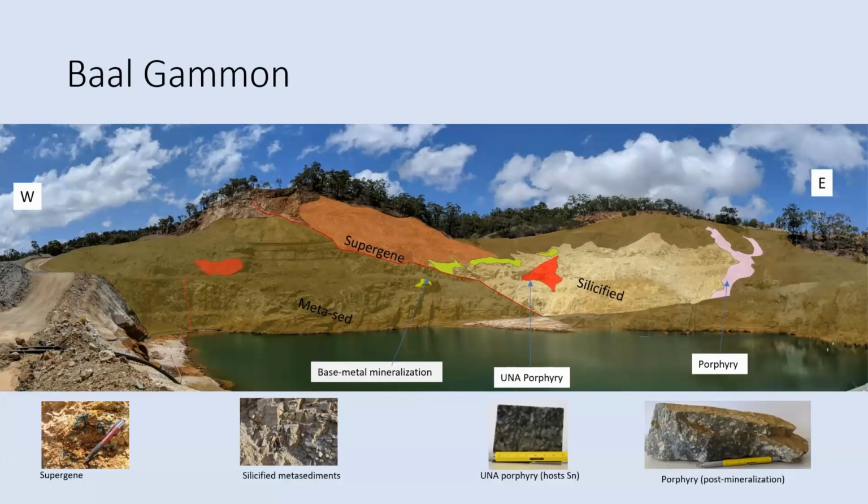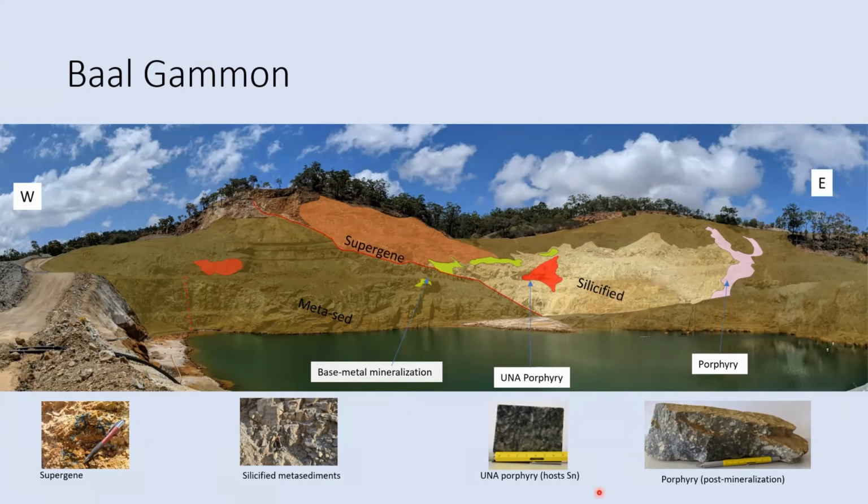So this is some of my results from field work at Baal Gammon. In red, you can see the structures, and then you have the metasediments, which are part of the Hodgkinson Formation, and that gets intruded by the Una porphyry, and everything surrounding the Una porphyry is silicified.